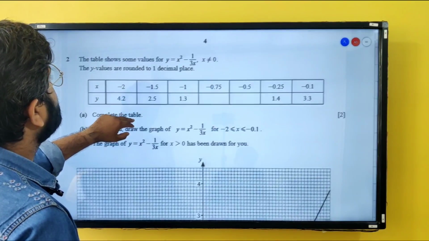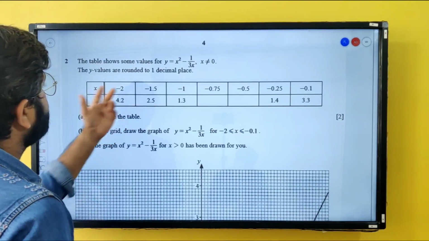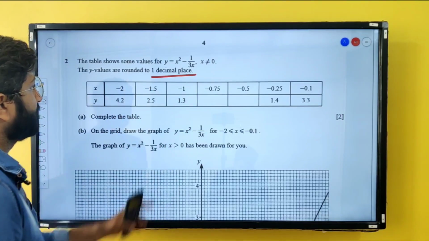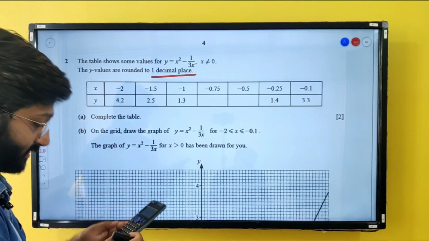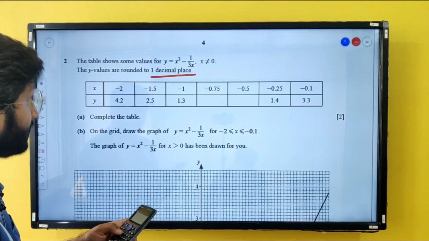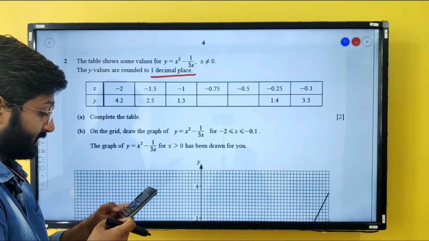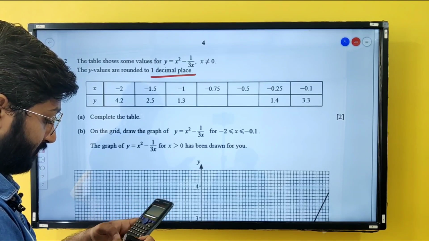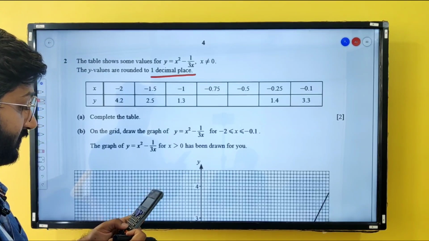Okay. The table shows some values which are rounded off to 1 decimal place. Complete the table. So let us complete the table first. We have 0.75 square minus 1 upon 3 times minus 0.75.